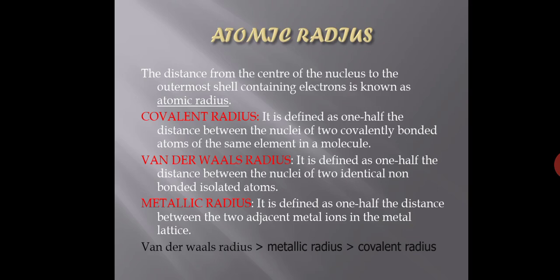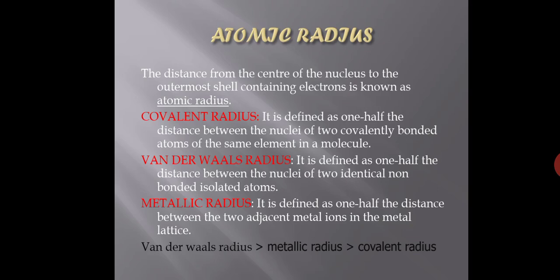Got it? So for all these reasons, and moreover, you also know that atomic radius changes when the atom is present in different bonded states. Just now I gave you the example of sodium chloride and sodium bromide. The atomic radius changes with the bonding state. In some cases, the force of attraction is maximum, so the electron cloud will be pulled stronger towards it, and the size becomes a little smaller.